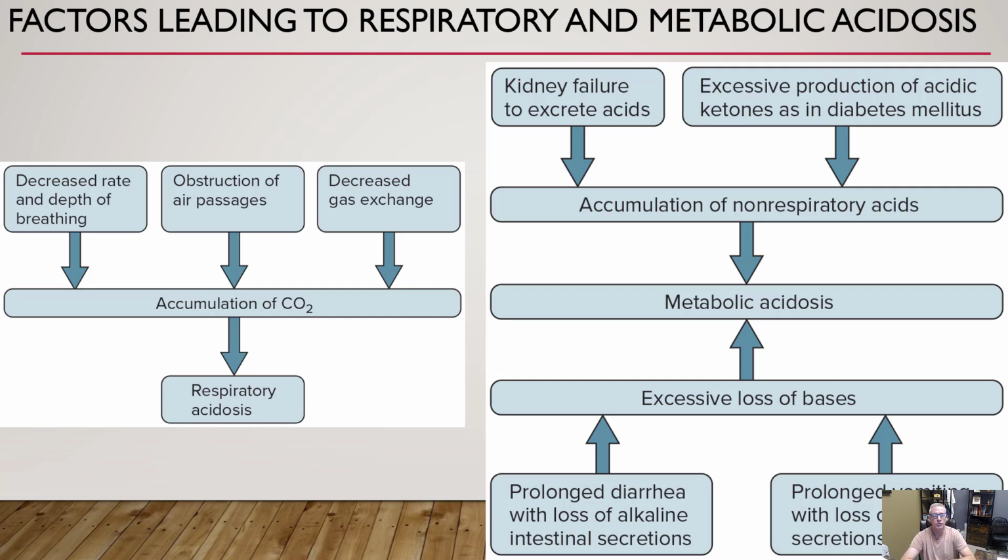All right. So here are some factors that are leading to respiratory and metabolic acidosis. Here you can see that if we decrease our rate of breathing, let's say that we are holding on to our breath, or we have obstruction of our airway passages, let's say we're choking, or if we have pneumonia, we have decreased gas exchange.